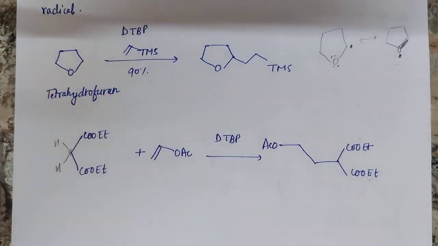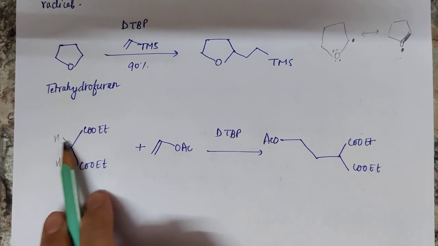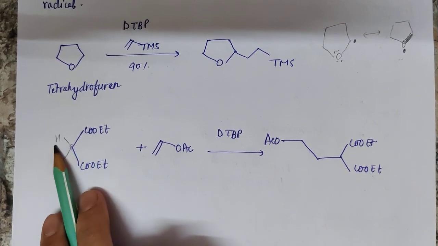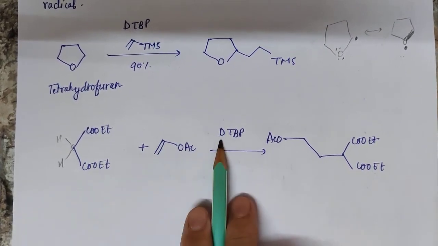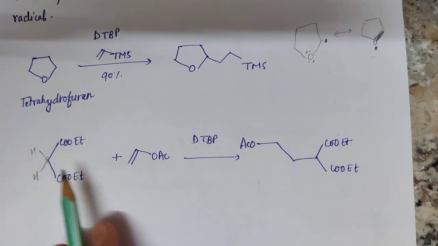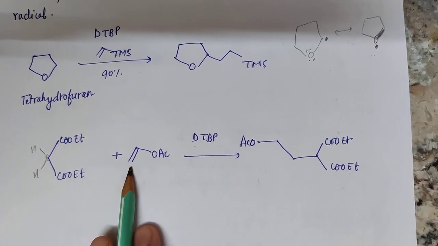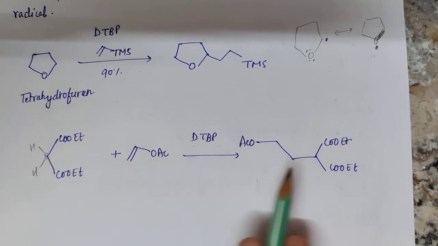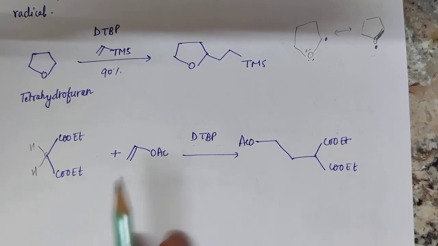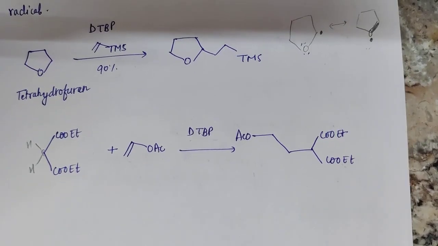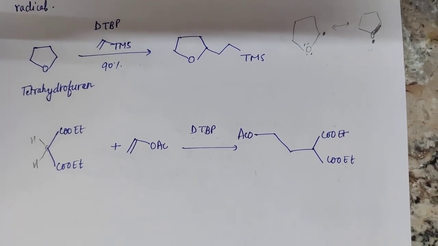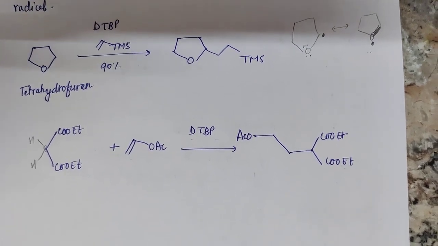These hydrogens are activated. This CH bond is an activated CH bond. Again DTBP will facilitate the abstraction of hydrogen, and it will easily undergo addition reaction with our reagent. So this is all we have to study on DTBP.